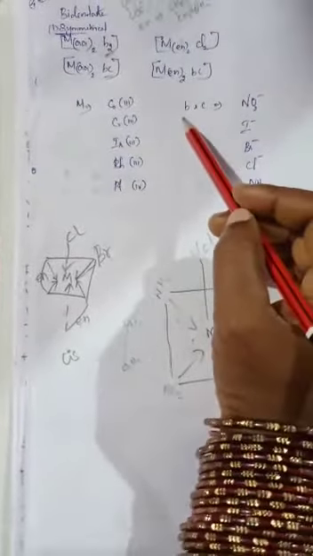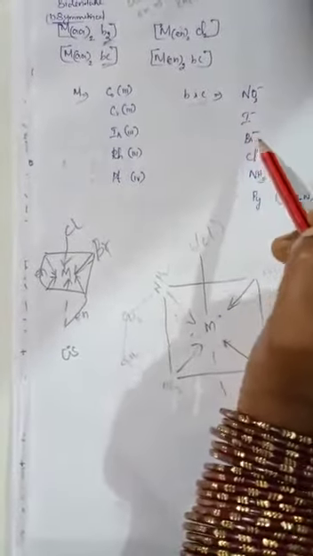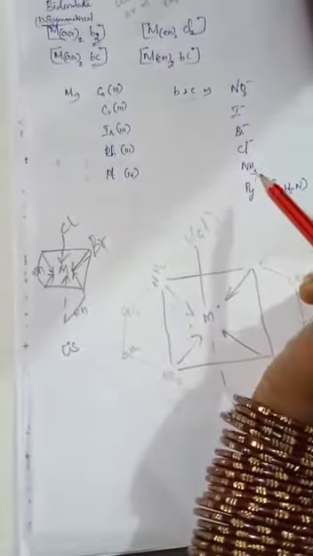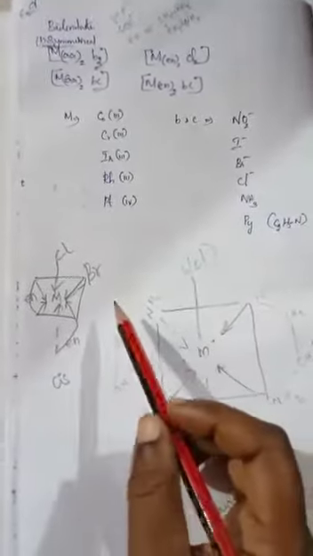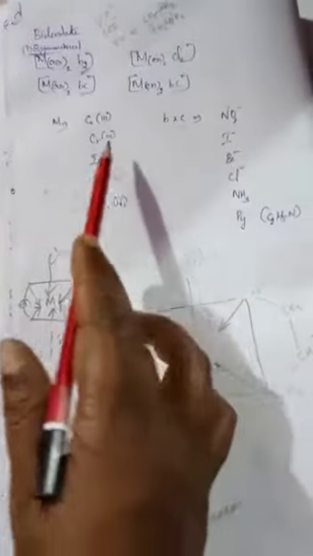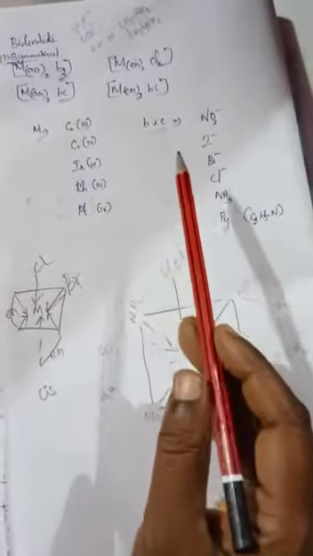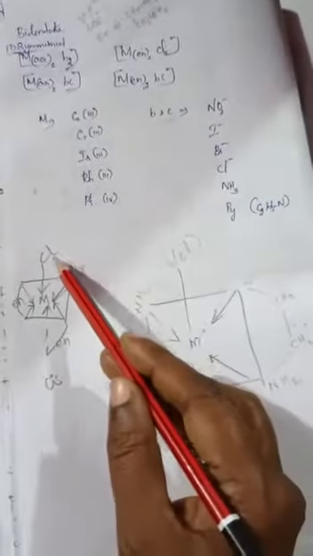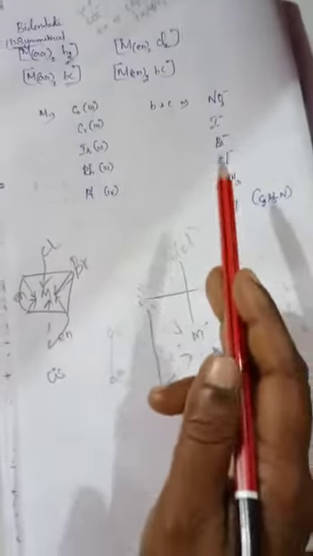The monodentate ligand can be nitrate, iodo, bromo, chloro, amine and pyridine. So in the case of metal, introduce any of these metals, and instead of B and C you can use any of these ligands.